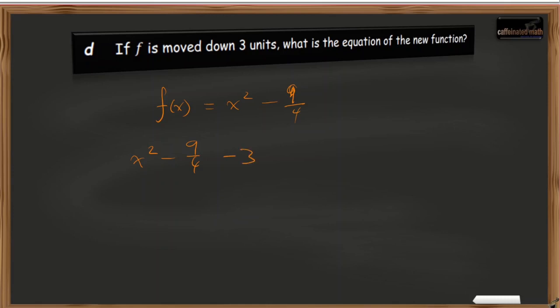Why minus 3? Down 3 units. Okay, why are you so down? Why are you so negative? So I'm just moving it down. Some quick calculator work. So the new equation is just going to be x squared minus 21/4, and that is it. Literally worth 1 mark.